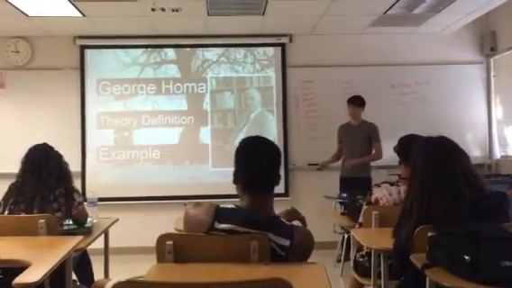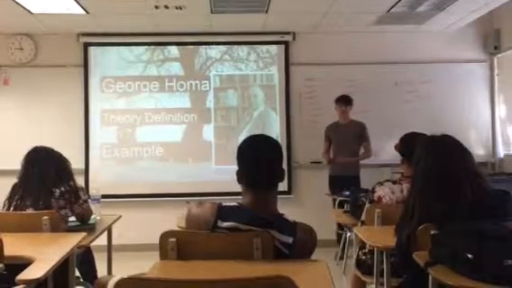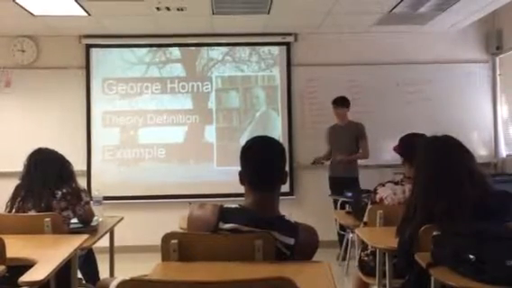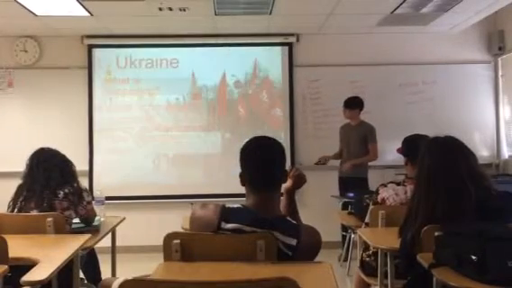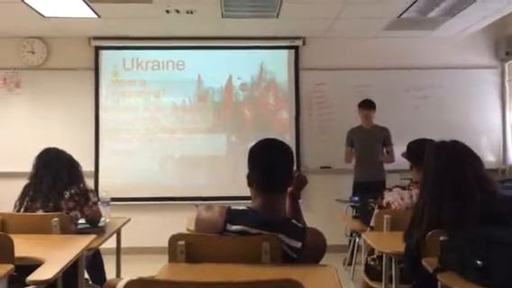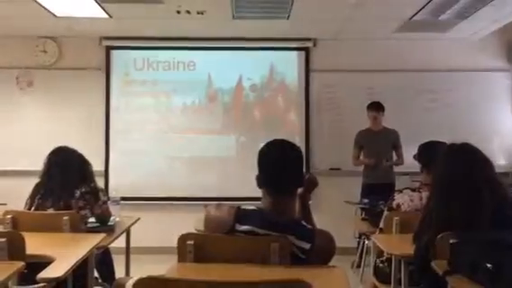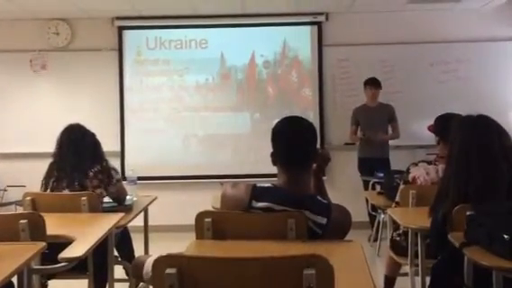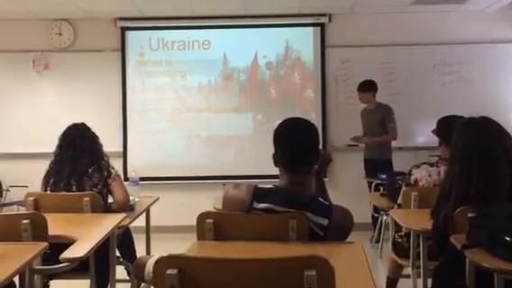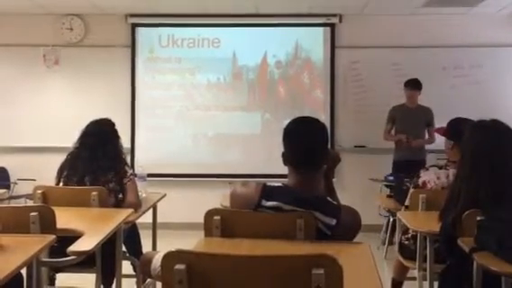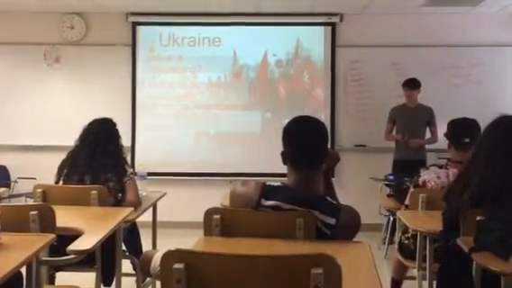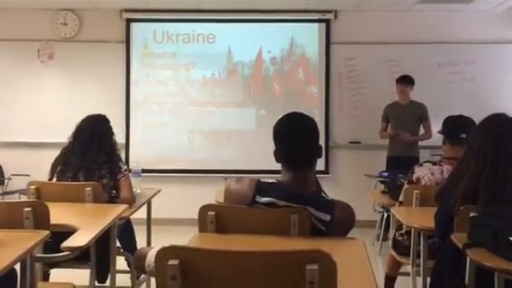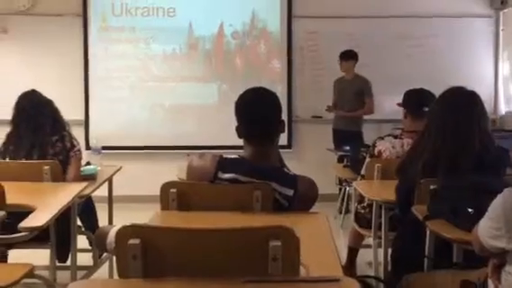Now that I've talked about what the theory is and given you an example, let's apply it to the real world. I'm not too sure if you have heard about what's going on in the Ukraine, and if you haven't, I will briefly talk about it. As of late February 2014, the Ukrainian parliament impeaches their president because of a revolution.